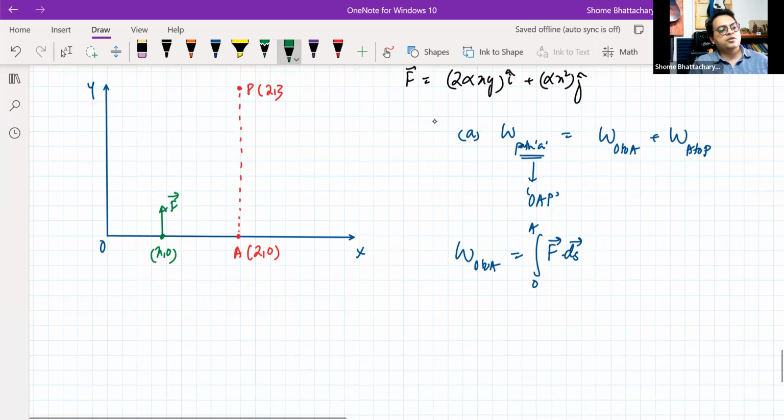So the force at any point like this is only having a y component. And you can see that the force will be increasing. There will be lesser and lesser force as you go towards 0 and more force as you go towards this end. But the displacement is like this.